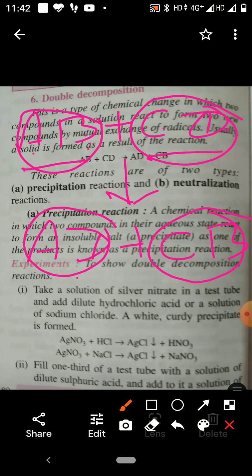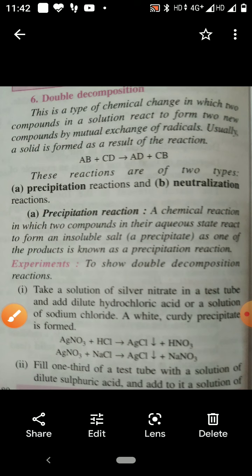Double decomposition reactions are of two types. One is the precipitation reaction and the second is the neutralization reaction. So children, you have to know what a precipitation reaction is.